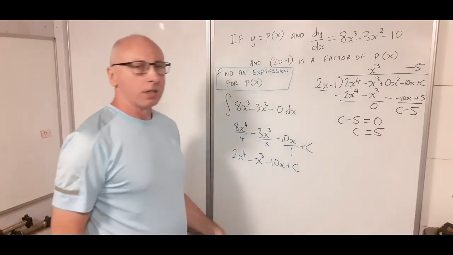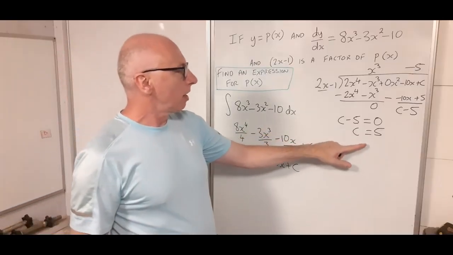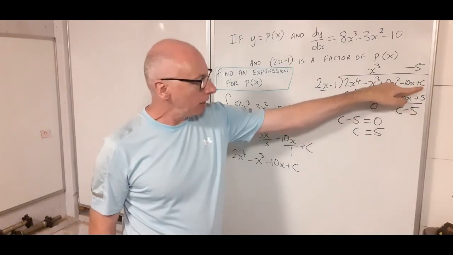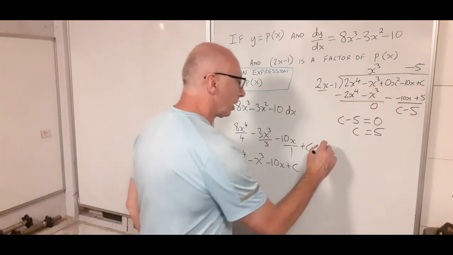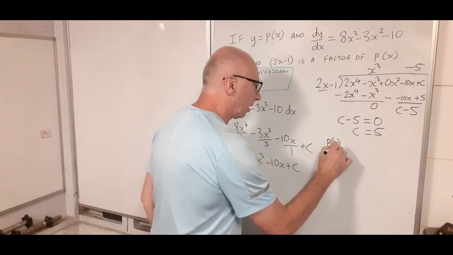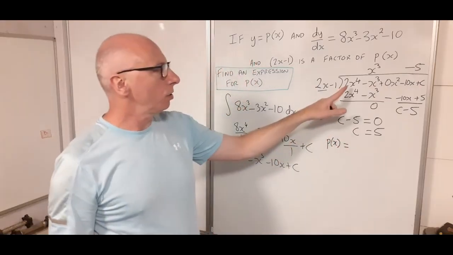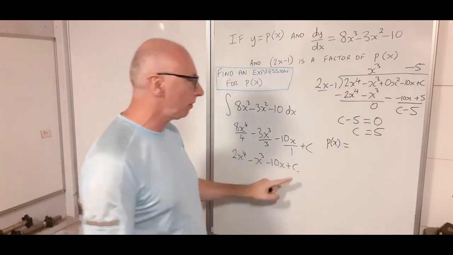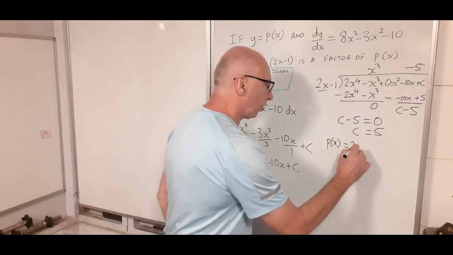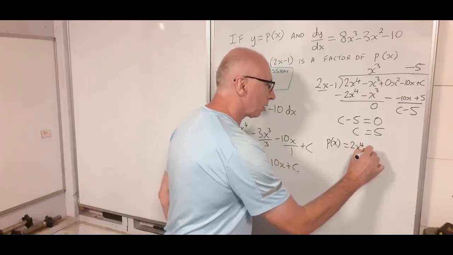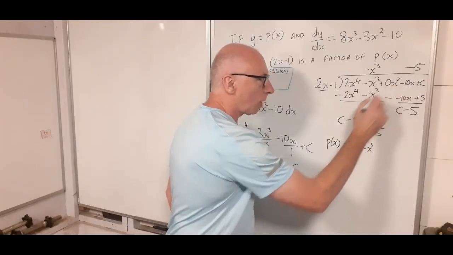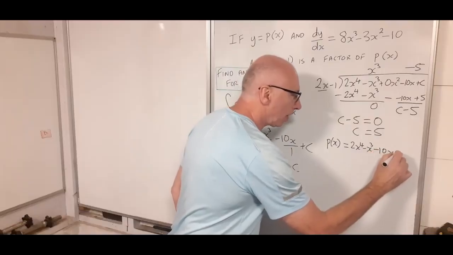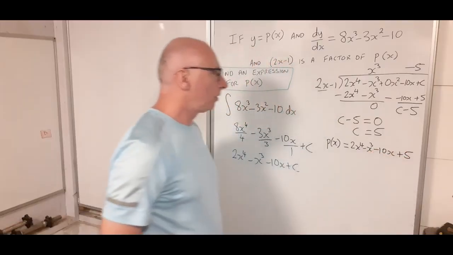Okay, so now this polynomial here should have a plus 5 here. So that should give us that p of x should be 2x to the 4, because that's the result of our integration. We just basically need to put in a 5 there. So 2x to the 4 minus x cubed, x squared I'm going to leave out, minus 10x, and then plus 5.